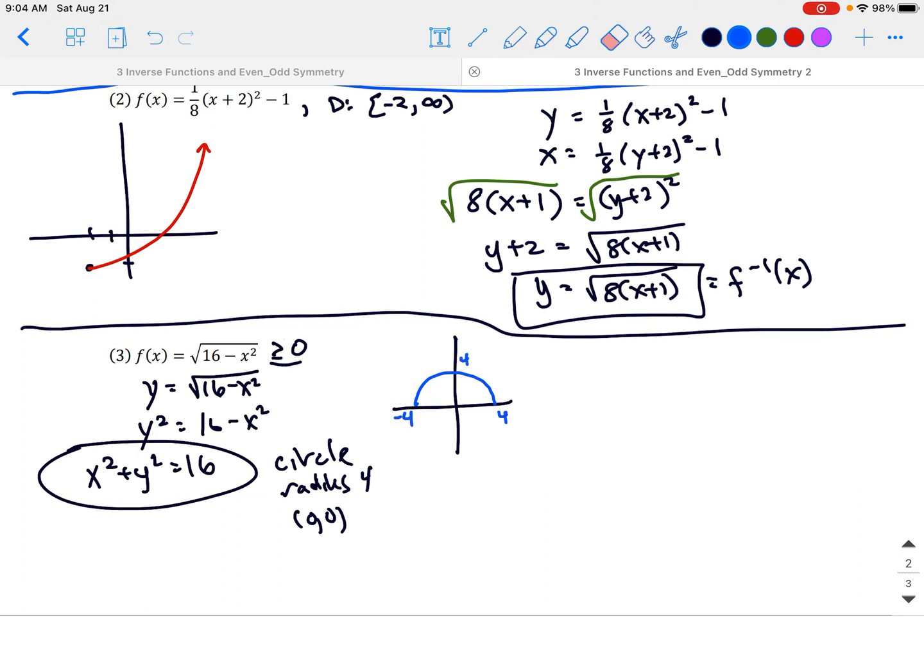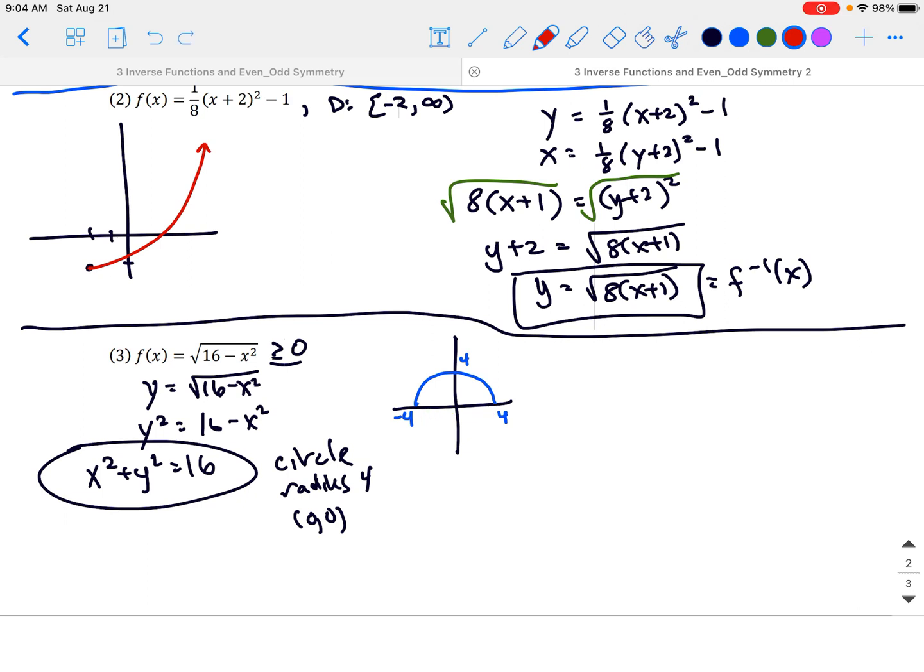So the square root function is going to be the top half of a semicircle centered at 0 with radius 4. But we can see here that's going to fail the horizontal line test. Right, so if I draw a horizontal line, it's going to touch 2 points. So again, now we have the option. We can restrict from 0 to 4 or from -4 to 0.